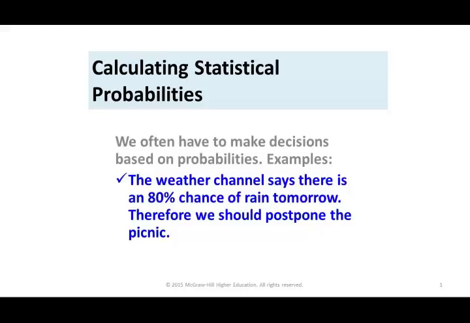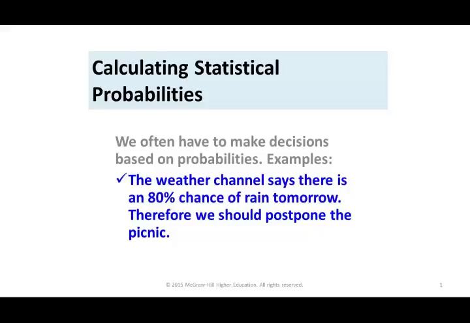Now, sometimes this is very easy, right? For example, sometimes we hear on the Weather Channel that there's an 80% chance of rain tomorrow, and it's very easy for us to conclude that we should probably postpone that picnic, right?